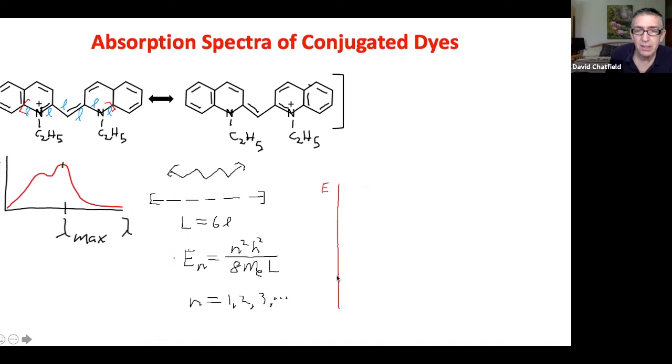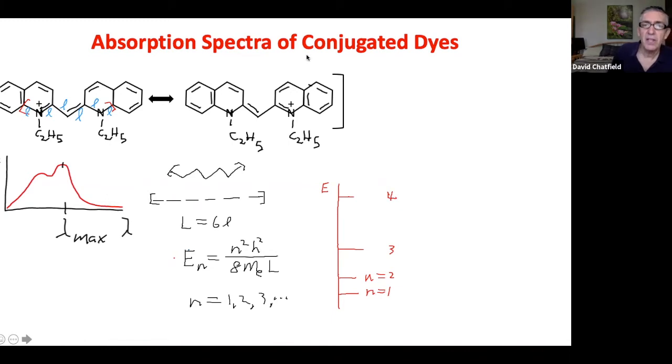And we know that the pi electrons in this system will have particle in a box energies according to this model. The lowest energy would be for n equals 1. The next one up would be for n equals 2. And then 3. And then 4, and you could keep on going.